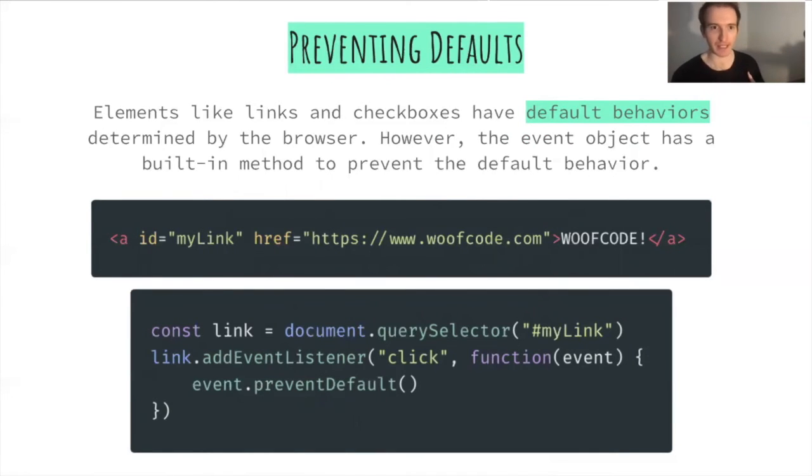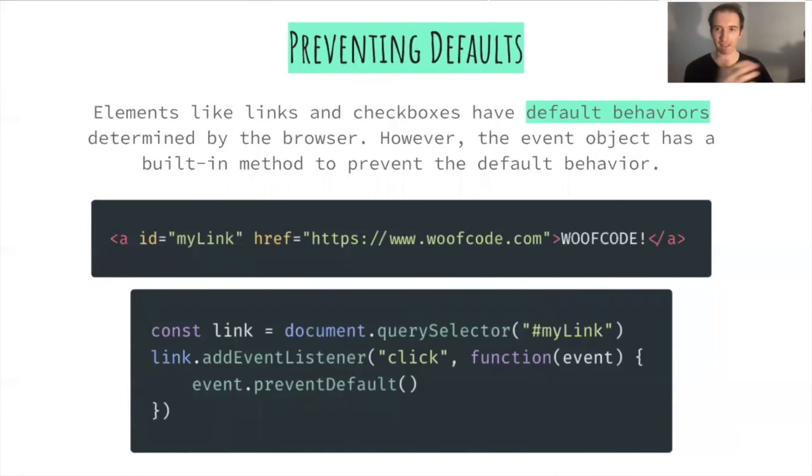So the example we have here is we have this anchor tag, this link to woofcode.com that we put inside of our HTML. And by default, the behavior for a link element is that if you click on it, it opens up another window and then redirects you to that page.